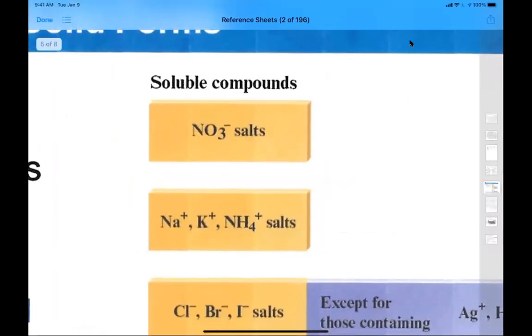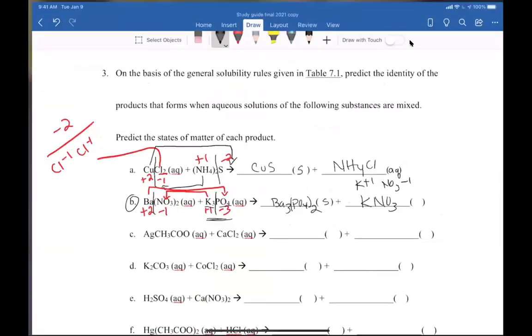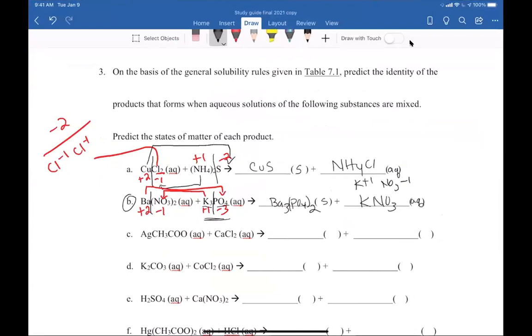NO3 salts are soluble. K is soluble. Both of these are soluble. So again, just like above, this would be aqueous. Okay. Are there any questions on this?